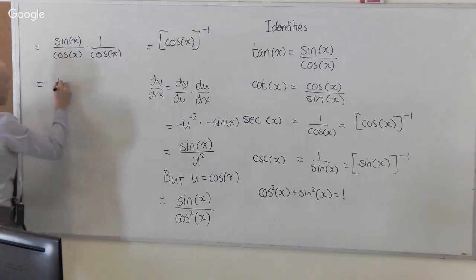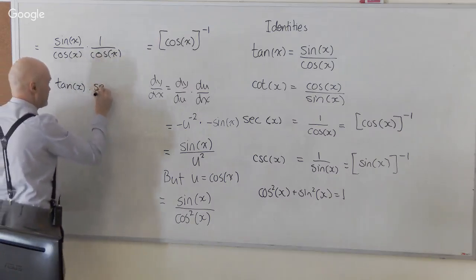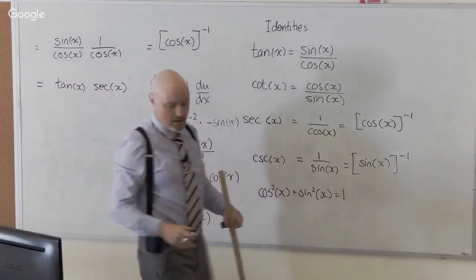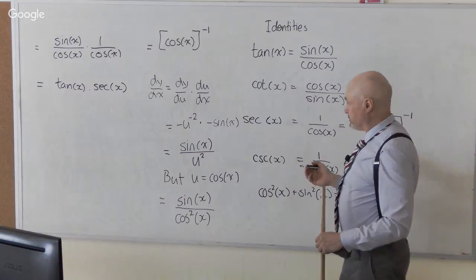Sine x over cos x gets written as tan x. 1 over cosine x is written as secant x. So there we go. That's all there is to it.